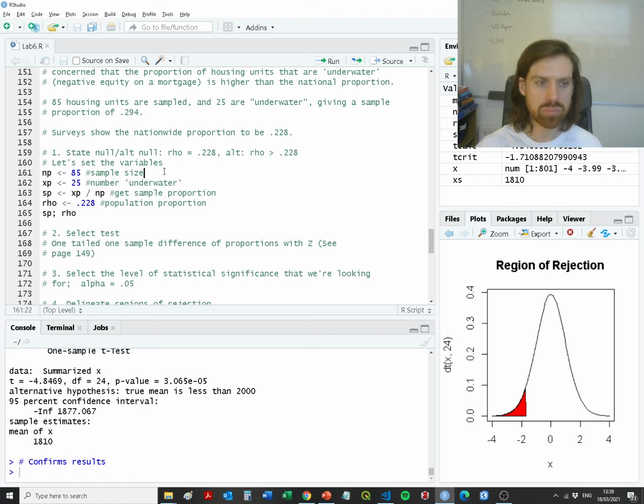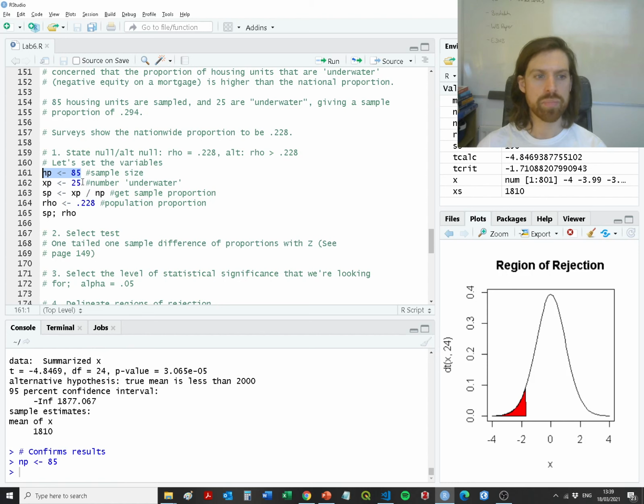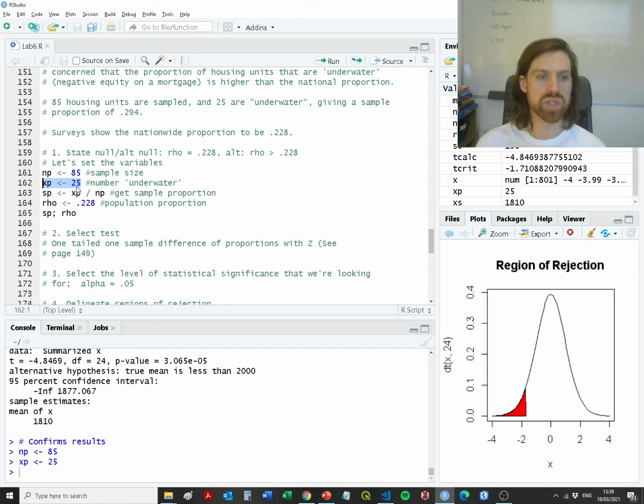Okay, so let's now put these numbers together. We have the proportion in our sample. We have 85 housing units overall, so it's the number of sample points that we have, 85. We then have the number of underwater, financially negative equity homeowners, which is 25.